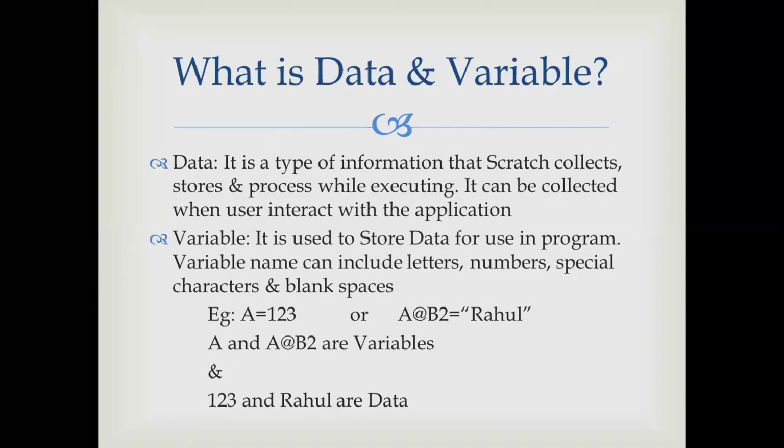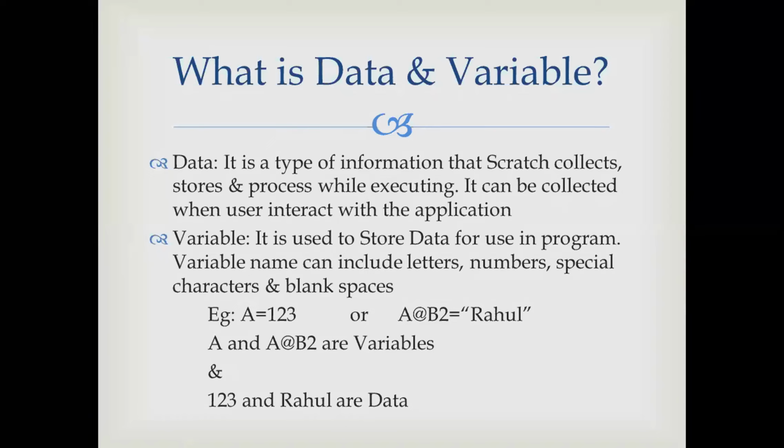Second is variable. What is a variable? A variable is a word, or you can say a location, where we store the values or the data which you are giving. Variable names can include letters, numbers, special characters and blank spaces, meaning everything is allowed in a variable name.